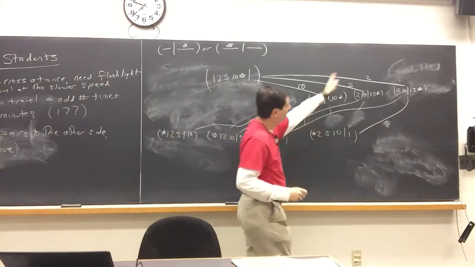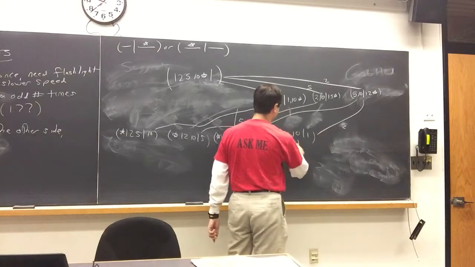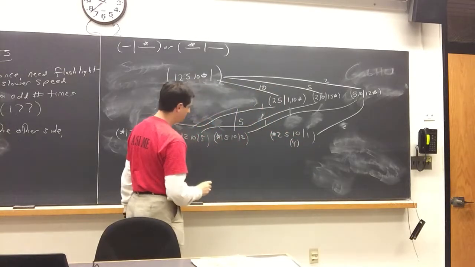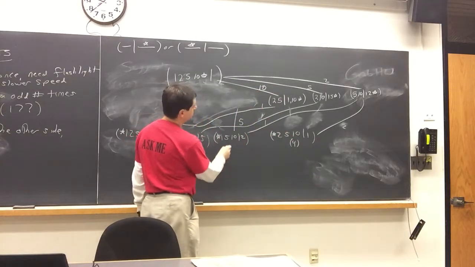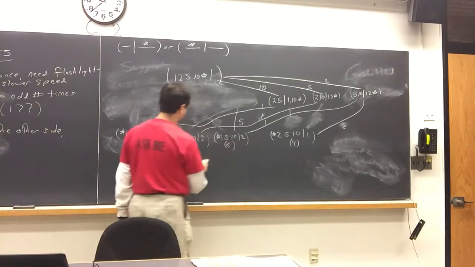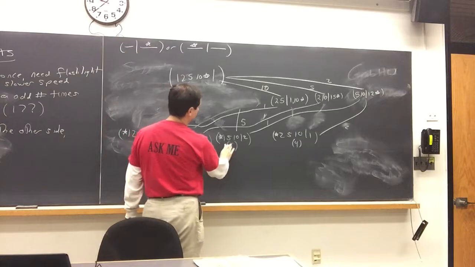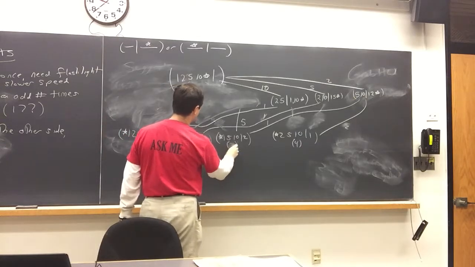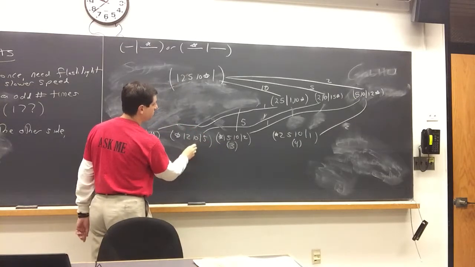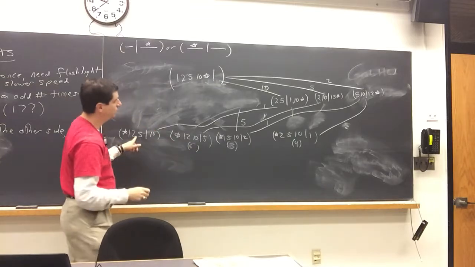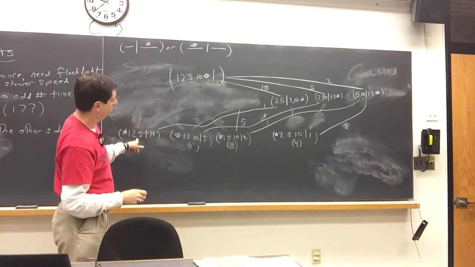So over here, this is taking us 4 units of time. This is taking us 6. This one was 3. Oh yeah, this one was 3, thank you. Was this the one that was 6? This one was 6. And this one was 11?